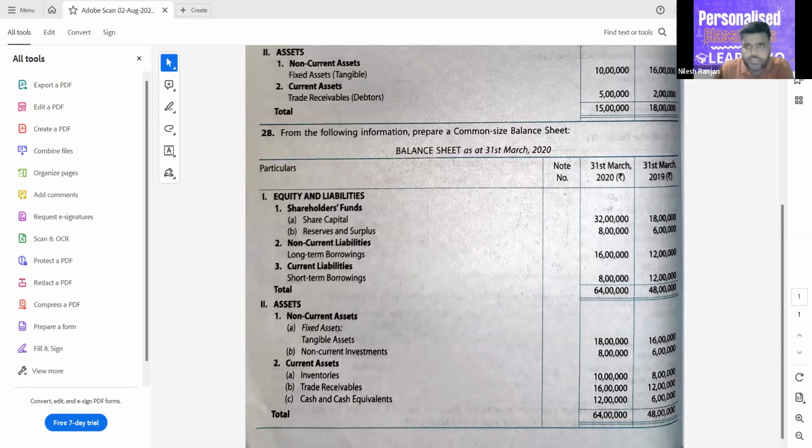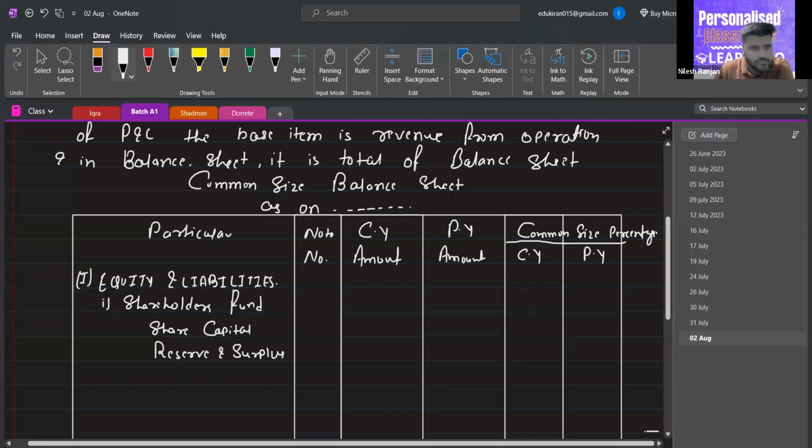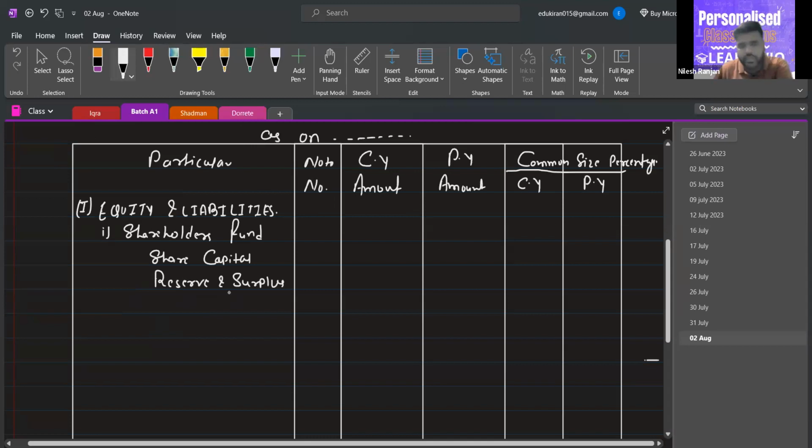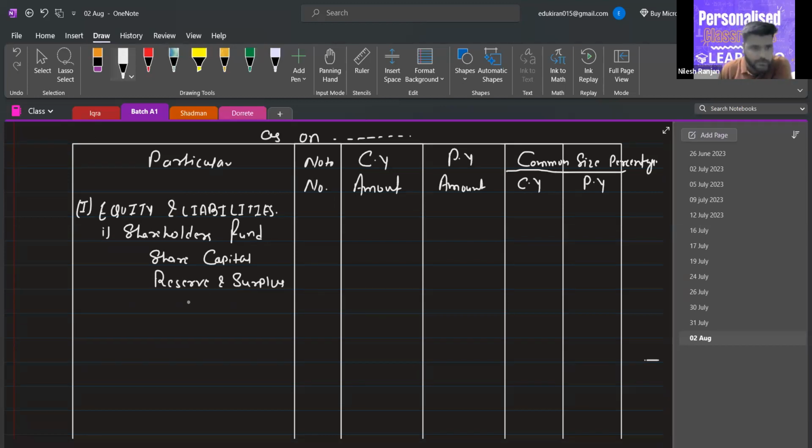I don't understand why actually it is in sharing mode. Can you see it now, sir? Okay, I think the screen just got frozen.